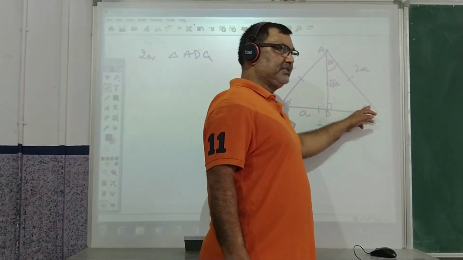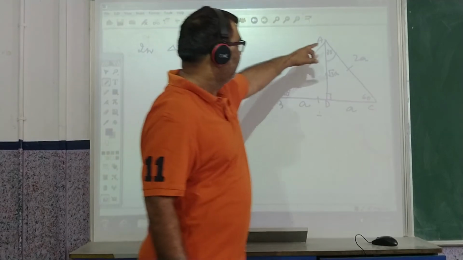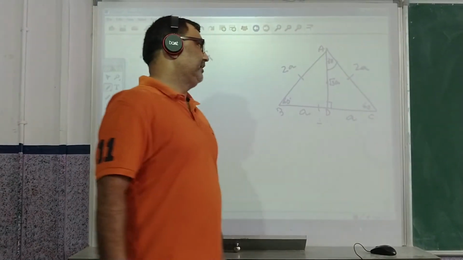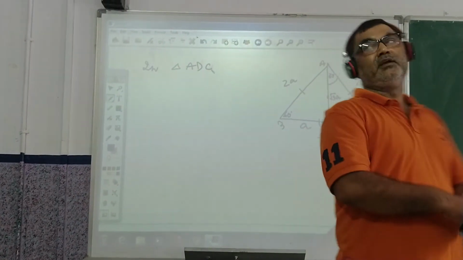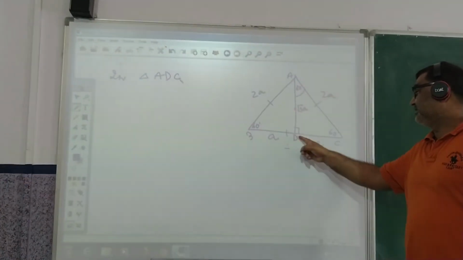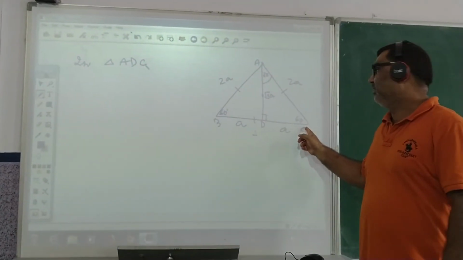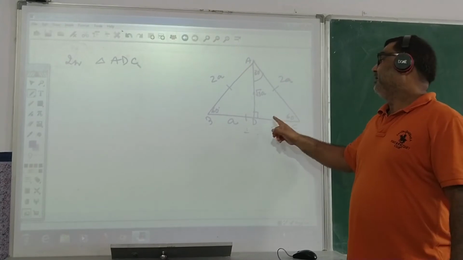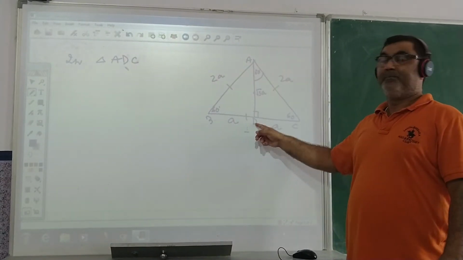Earlier we calculated 60, so now the angle of reference is A. For A, the perpendicular is DC, the hypotenuse remains the same, and the base is AD.